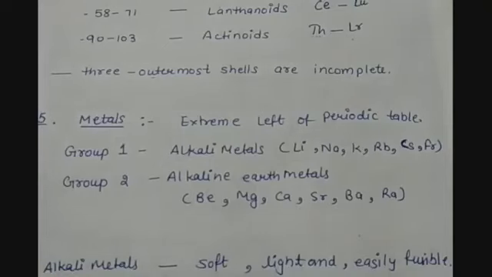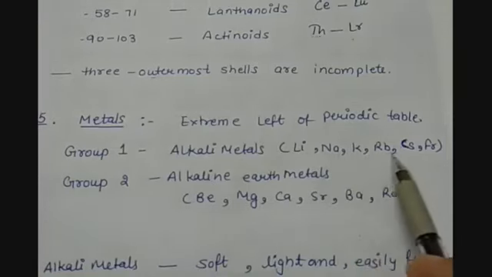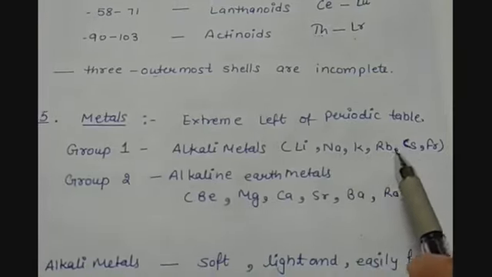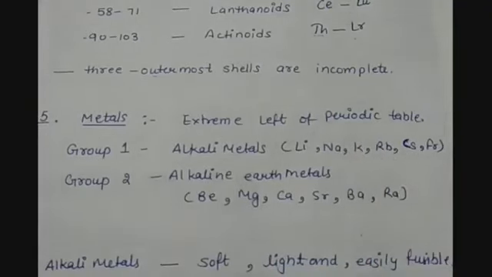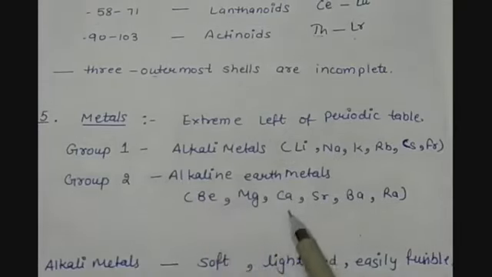So as they are in the group 1, they will be having similar properties because of their electronic configuration. And what is so special about their electronic configuration? That they all have the same valence electrons in their outermost shell. In group number 2, we have alkaline earth metals. Alkaline earth metals include beryllium, magnesium, calcium, strontium, barium and radium.